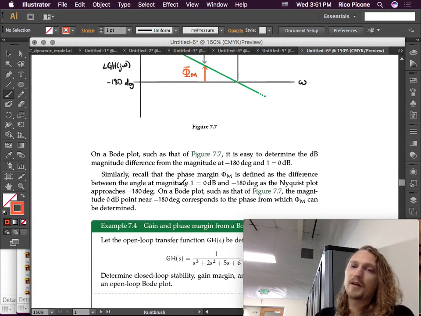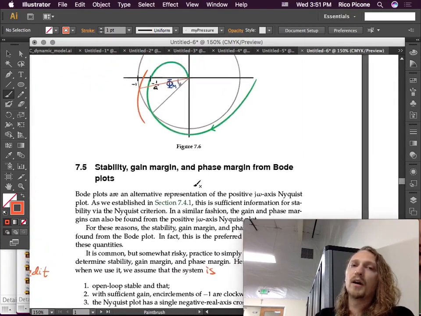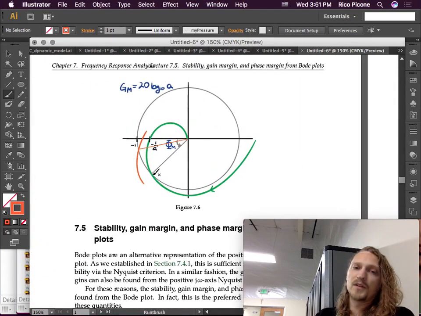So similarly, recall that the phase margin is defined as the difference between the angle at magnitude 1, right? So magnitude 1, which is this unit circle in the Nyquist plot. So that's this point where it crosses, right? It's the difference in angle between that ray and this negative real axis.